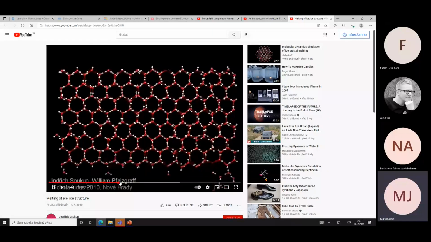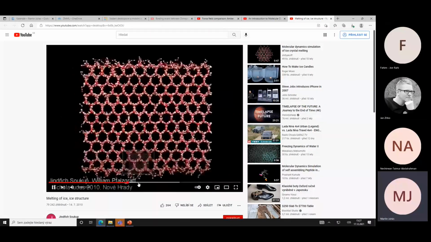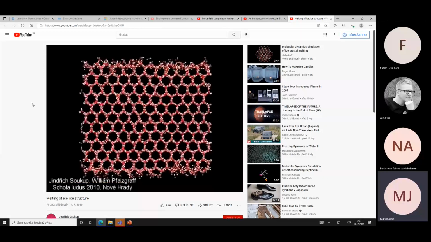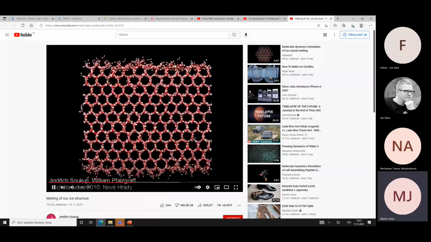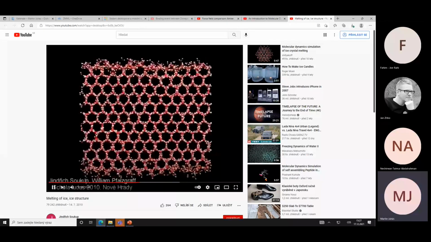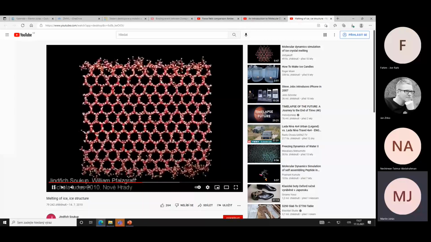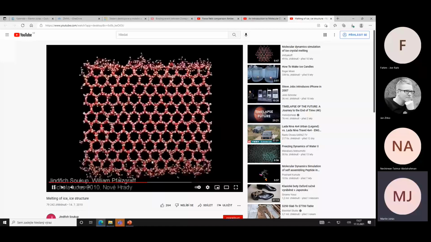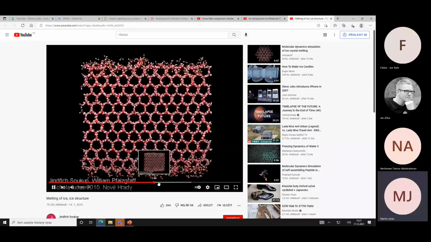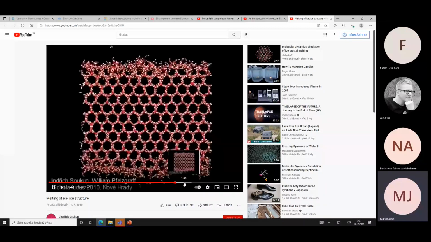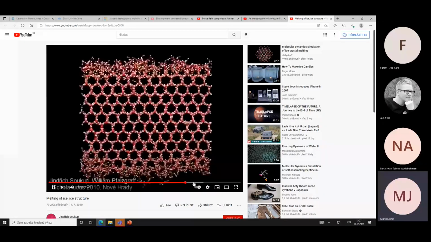Let's get to the melting phase. So they started heating, and as you can see, already on the top, the lattice of the water starts to break as the temperature increases, and this is actually what the melting looks like.